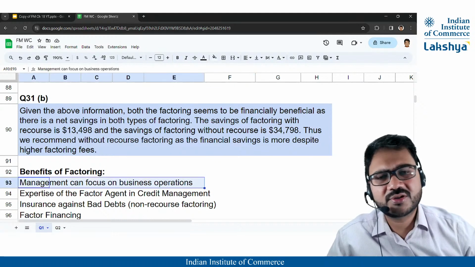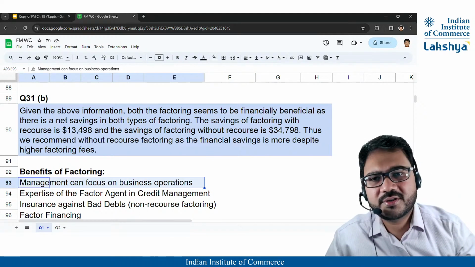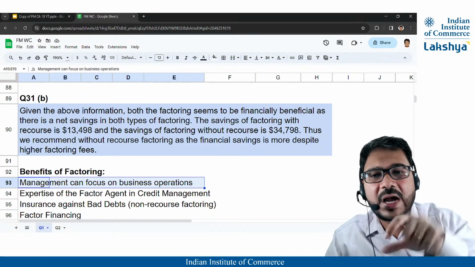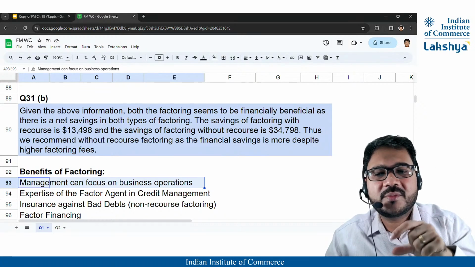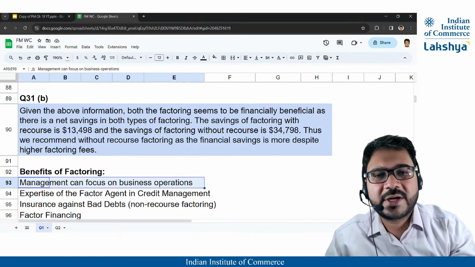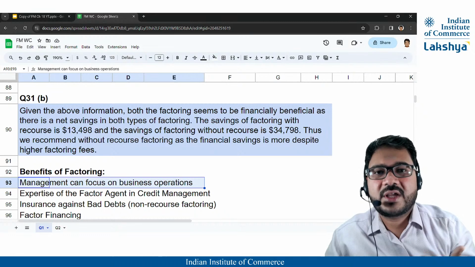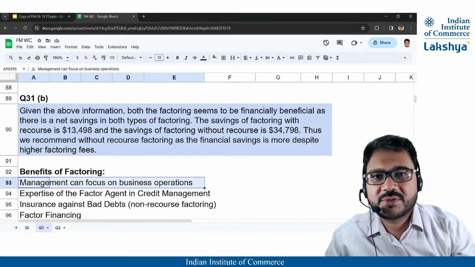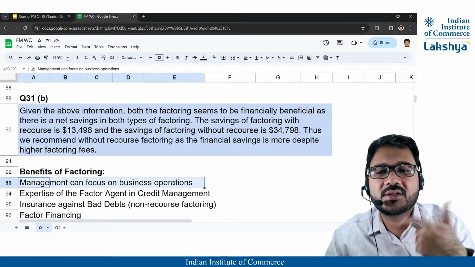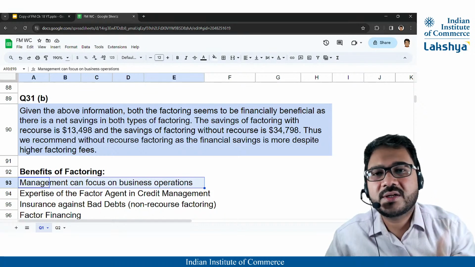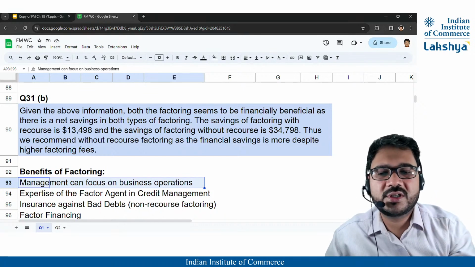So management can focus. So this is how you write the point, that how are they or why are they able to focus on business operations better? Because they need not spend time following up with customers. They need not spend time in credit control, credit worthiness checks.